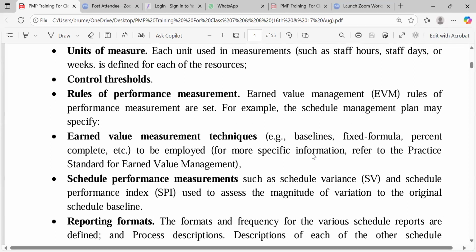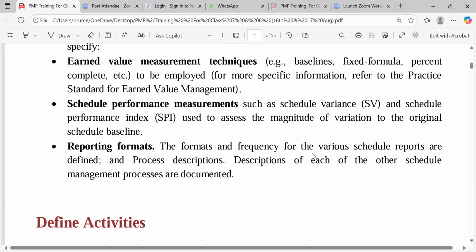In the schedule variance, we want to see the earned value and the planned value. What have you realized, and what was planned? All the reporting formats must also be there, because you don't want to start communicating in an unorganized way.